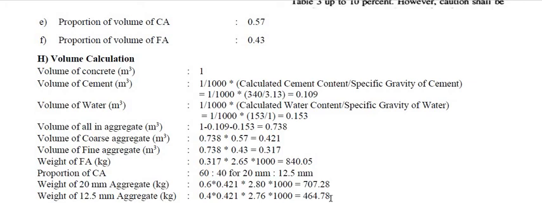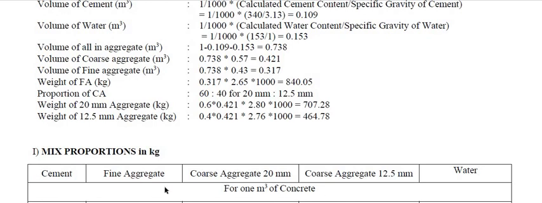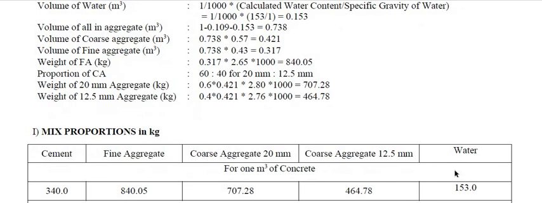Then I have to proportion the concrete mix: cement, fine aggregate, coarse aggregate 20 mm, coarse aggregate 12.5 mm and water. Now I write all the weights of all the materials. Cement is 340, fine aggregate is 840.05, coarse aggregate 20 mm is 707.28, coarse aggregate 12.5 mm is 464.78, and water is 153 kg per 1 meter cube of concrete.